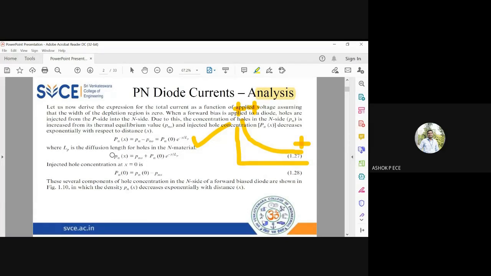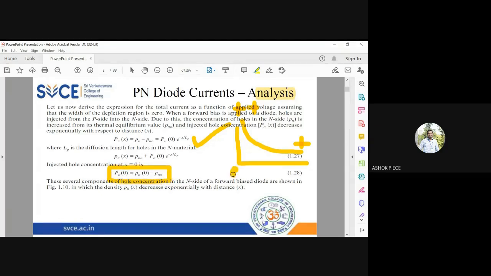At any point, if you want to find the hole concentration, you can use this formula. When you put x equal to 0, the equation becomes small Pn of 0 equal to Pn naught plus Pn of 0. So I can find capital Pn of 0 equal to small Pn of 0 minus Pn naught. You get this relation at x equal to 0.